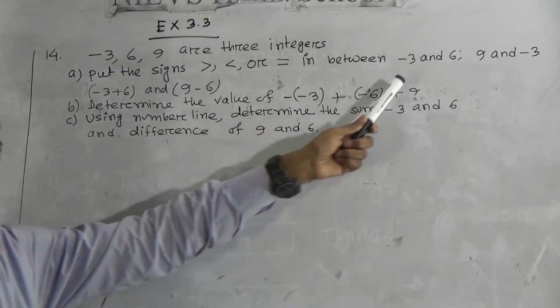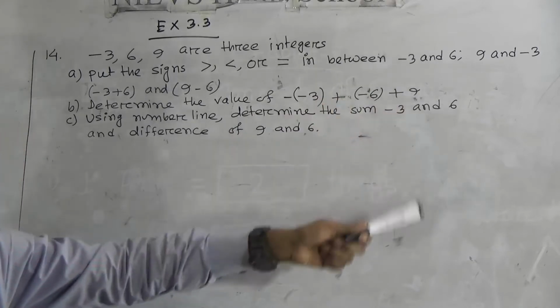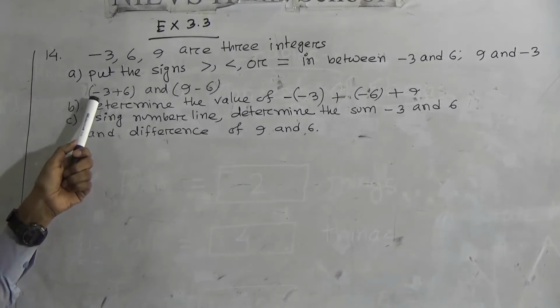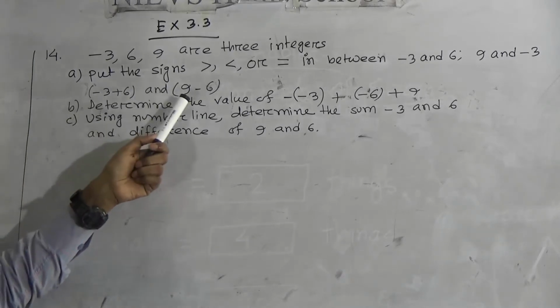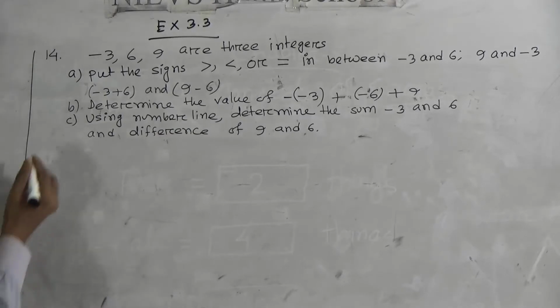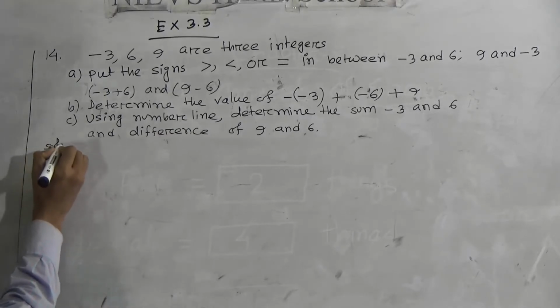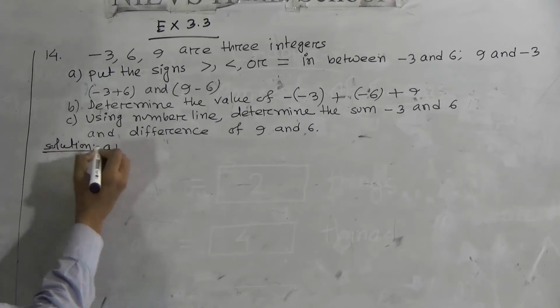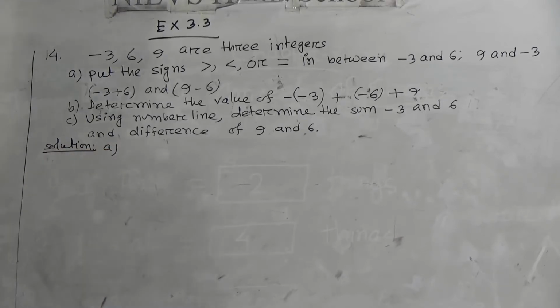In between minus 3 and 6, 9 and minus 3, minus 3 plus 6, and 9 minus 6. At first I will solve a number question. Look, minus 3 and 6.